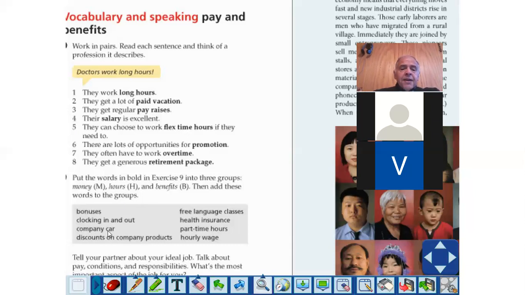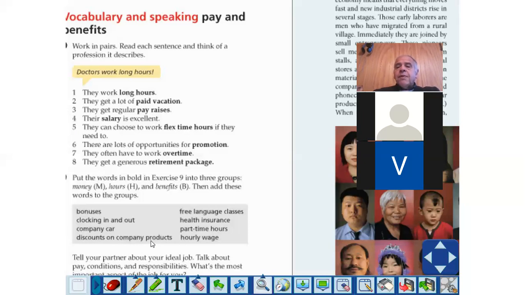Okay. Company car. Sometimes in some companies, for example, when you sell, they give you a car, or they pass you a car for you to move from one place to another. Discounts on company products, that's pretty normal too.